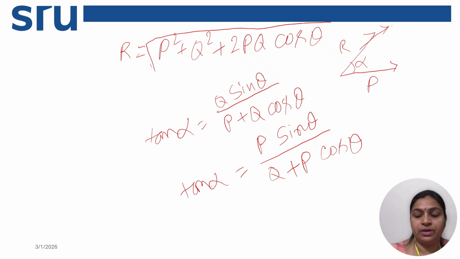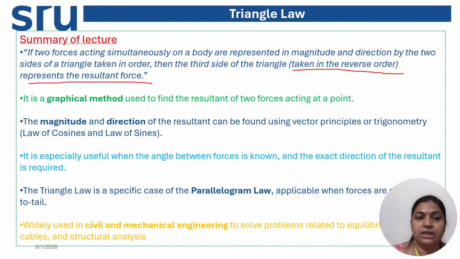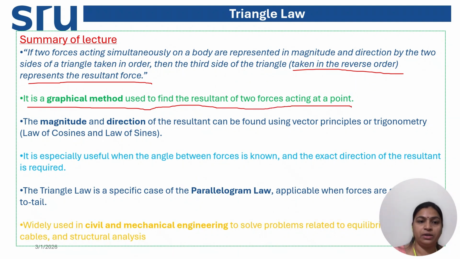This is the direction of the resultant vector with respect to either of the vectors. Now, to summarize the lecture: the triangular law is the representation of two forces acting in magnitude and direction by two adjacent sides of a triangle. Then the third side of the triangle in reverse order represents the resultant force. It is a graphical method to find the resultant of two forces acting at a point.